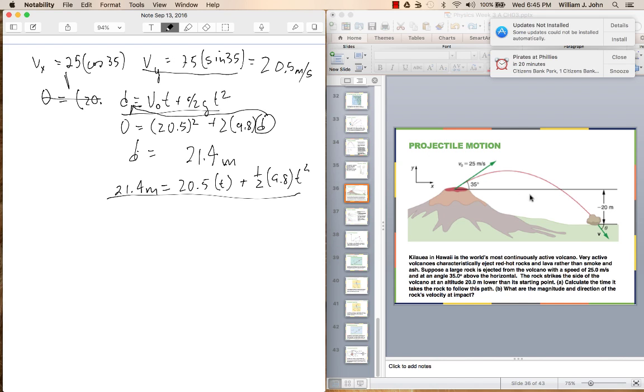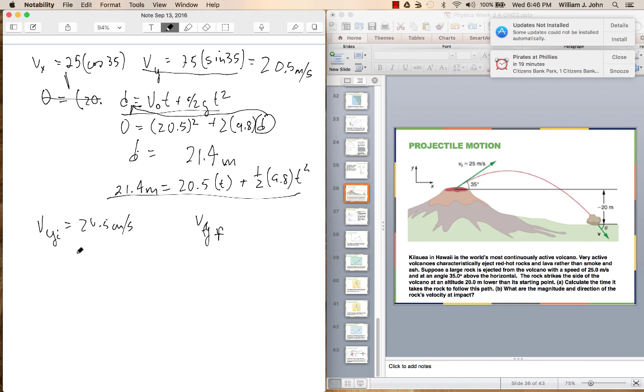Okay, now how about finding the rest of this? Well, we know the downward vector here, Vy down, is equal to 20.5 meters per second. And we also know that it's free falling with gravity, and it has to travel minus 20 meters. So again, we know that this would be the initial, and the final would be unknown.